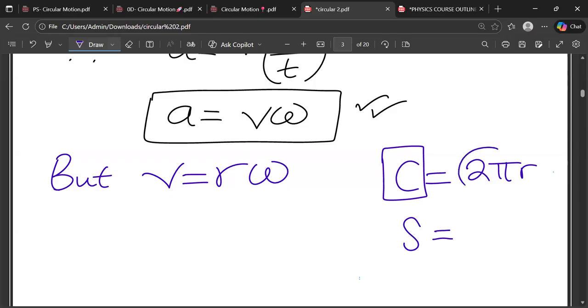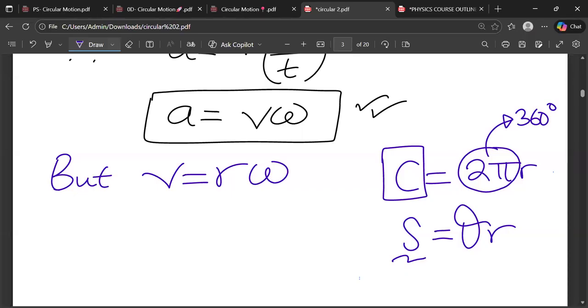For circumference, that's when we have 2 pi. Of course, you know that 2 pi is 360. So in case it is any displacement, that means it will be any angular displacement, then any r, of course. You get the point? I don't want you to forget these things, please.